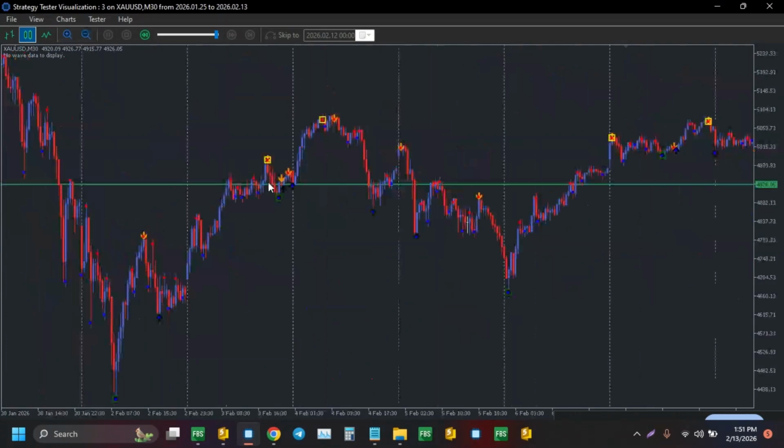Wave four happened to be a complex correction. Then we have five. So you can see from this one, two, three, the yellow square formed here because it was an orthodox top. If you apply RSI to this, I'm sure you'd have a divergence in price. That's why it's signaled.